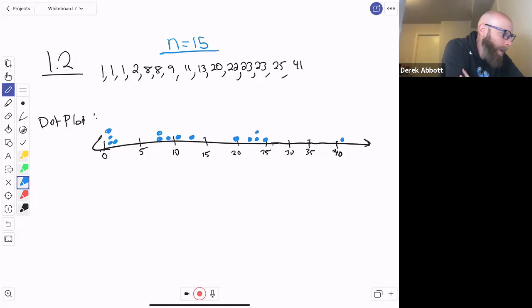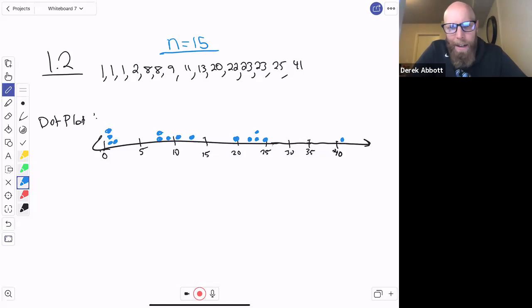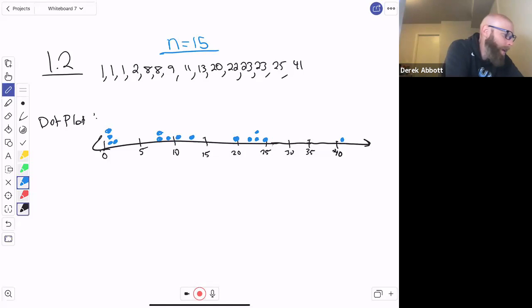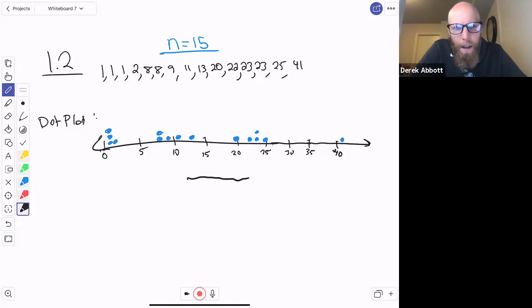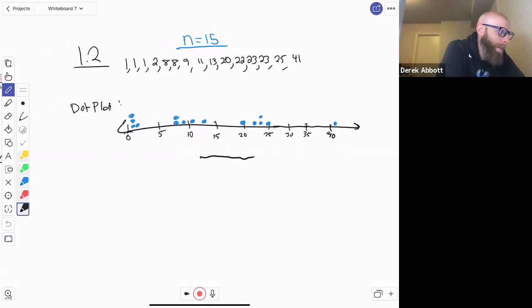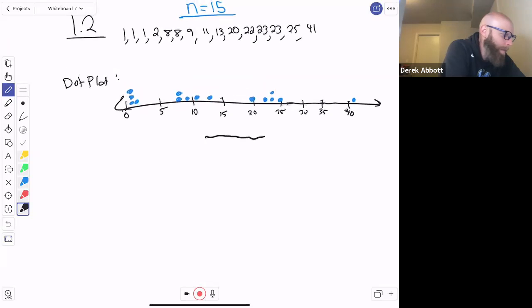So there's a dot plot, literally dots, and you just stack on top of repeated values. Like most things, we would label it with whatever the label was. Since this is an unlabeled data set, I would just put those things on there. There is your basic dot plot.